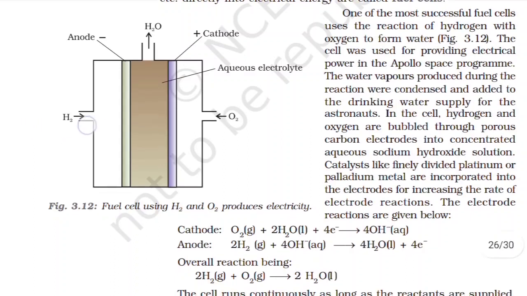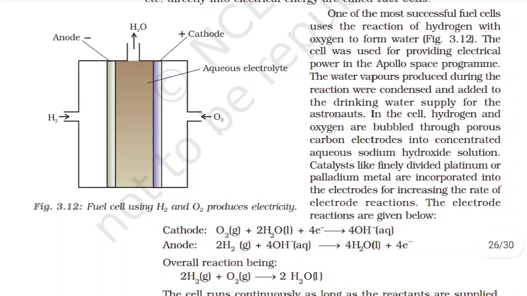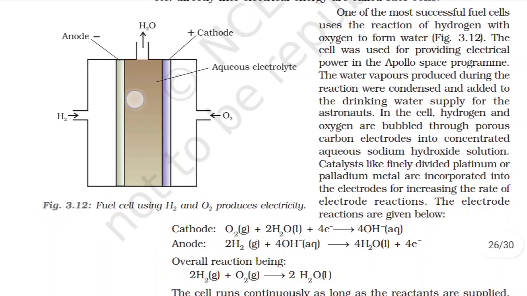Through this side hydrogen gas is sent, and through this side oxygen gas is sent. To increase the speed of the reaction, finely divided platinum or palladium is also used.